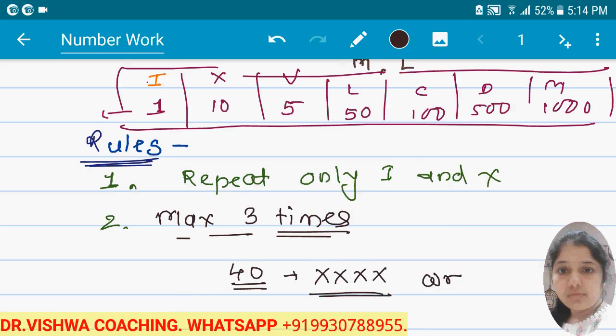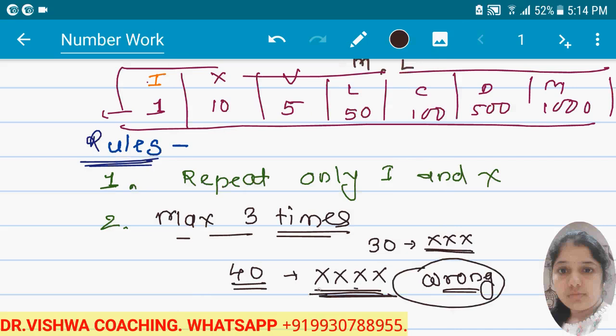This is wrong. We can write the number 30 as 3X, but we cannot write the number 40 as 4X. So how to write number 40?